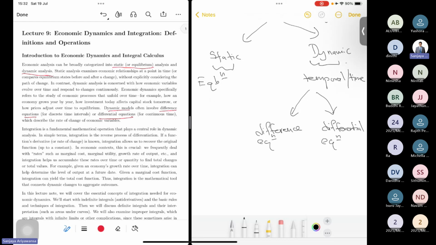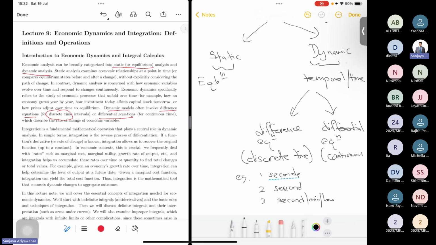Difference equations, as I've said here, belong to discrete time. What do I mean by saying discrete time? You would say, for example, first second, second second, third second, likewise, or minute or hour or whatever, right? It's discrete, it's countable, 1, 2, 3. Differential equations are continuous time.